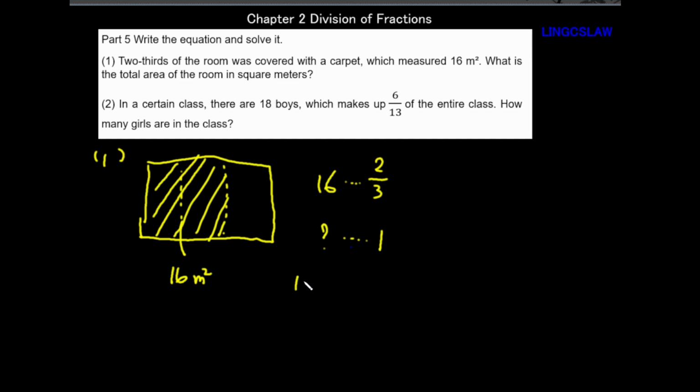So the answer will be 16 divided by 2/3, which equals 16 times 3/2, and reduce to 1, 8. So 8 times 3 equals 24. So the answer is 24 square meters.